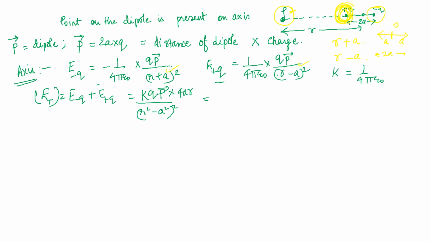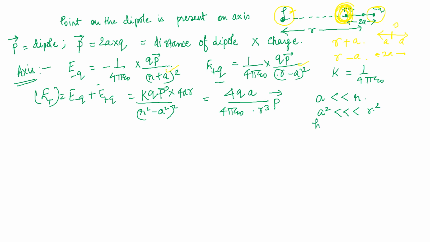After solving it, we will get 4Q into A divided by 4 pi epsilon naught into R cube into P vector. Now where does this R cube come from? We are taking A to be very much smaller than R, so A square will also be extremely smaller than R square.